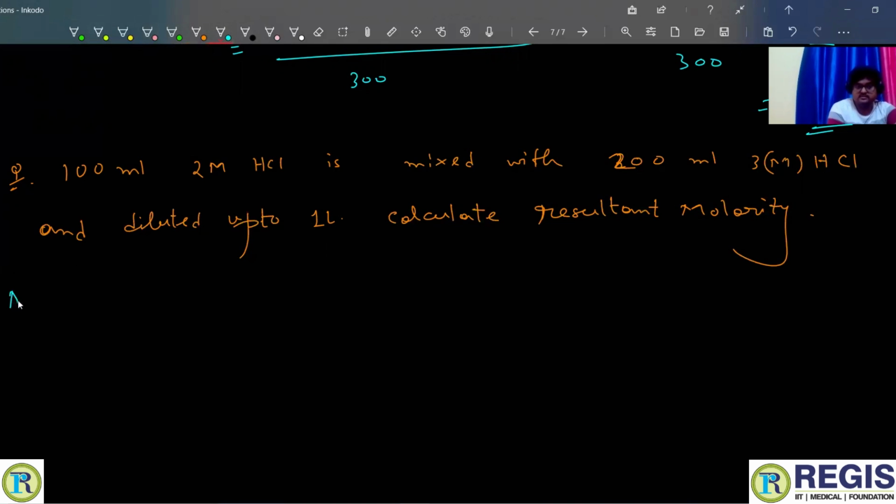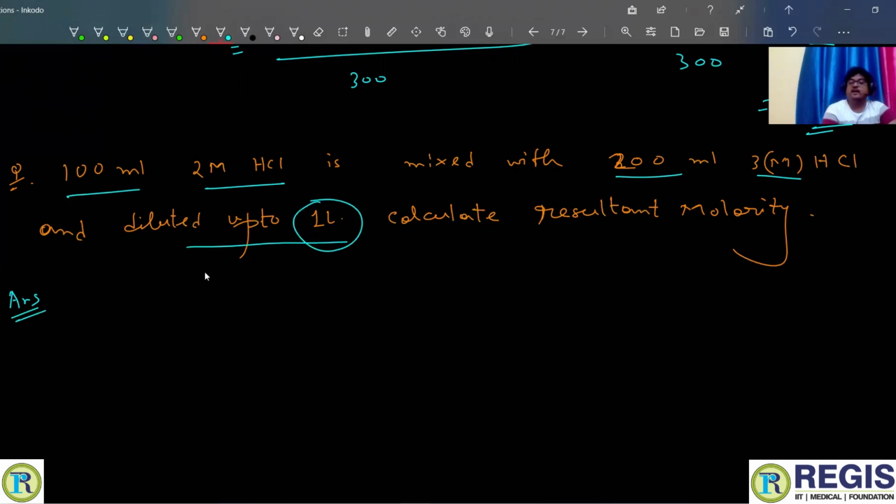Okay, solve it. Now in this case, 100 ml 2 molar, 200 ml 3 molar, diluted up to 1 liter. That means this is a question of molarity of mixing and then molarity of dilution. So what will be the final volume? Final volume is 1 liter. So what will be the resultant molarity? The formula is the same.